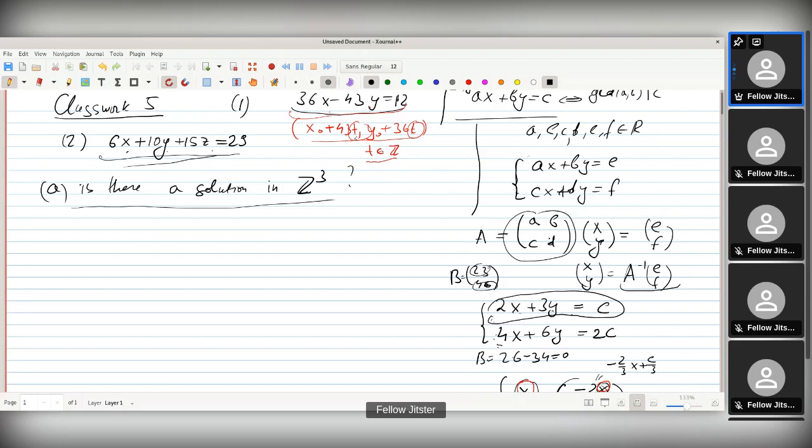Any ideas? For example, can we somehow reduce it to an equation in 2 variables, for which we know everything, for which we have a complete theory? Is it that hard?